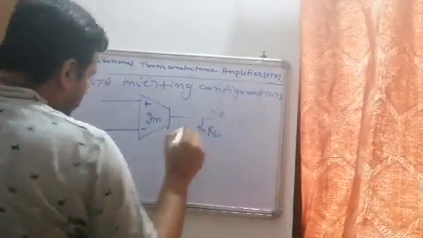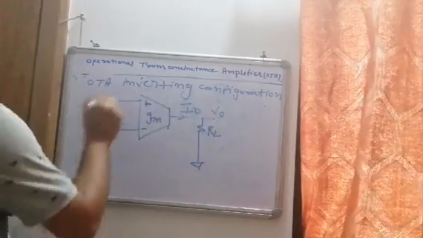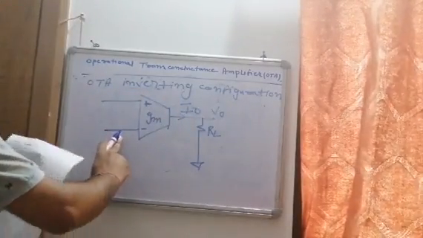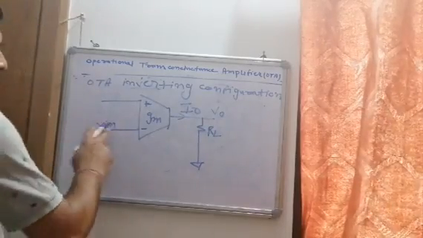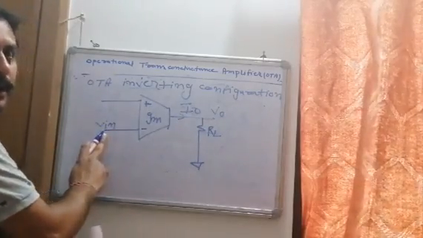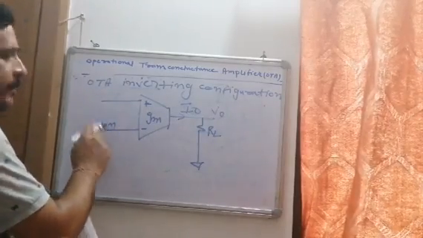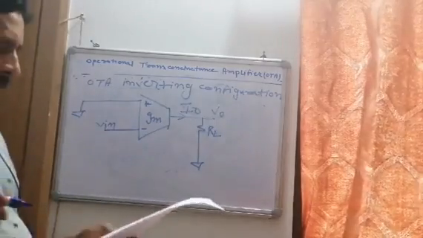This is output voltage V0 and this is output current I0. This is the inverting configuration, so we have to apply input at the inverting pin. Here we have applied input Vin at the inverting pin and the non-inverting pin works as a ground.